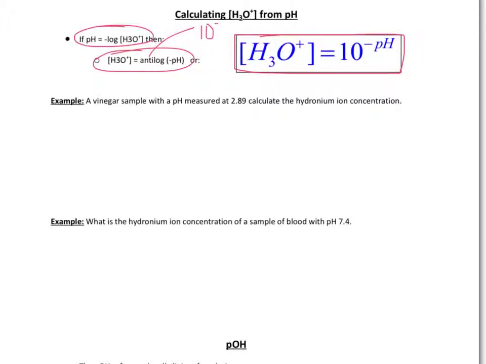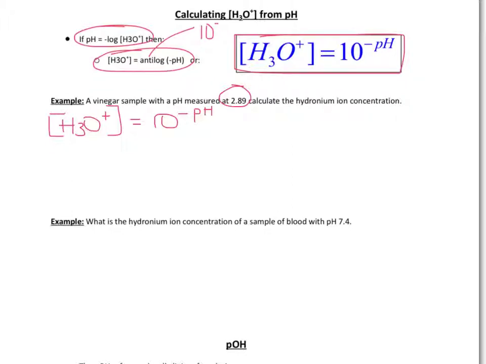A vinegar sample with a pH of 2.89. Let's calculate the hydronium ion concentration. So the hydronium ion concentration is equal to 10 to the negative pH. Notice that we're doing the opposite of what we were doing on the last page. Therefore, the rules of significant figures are the opposite.